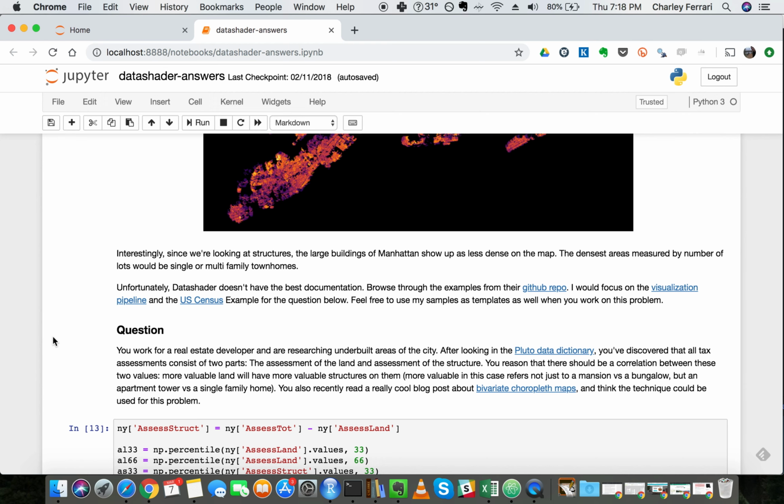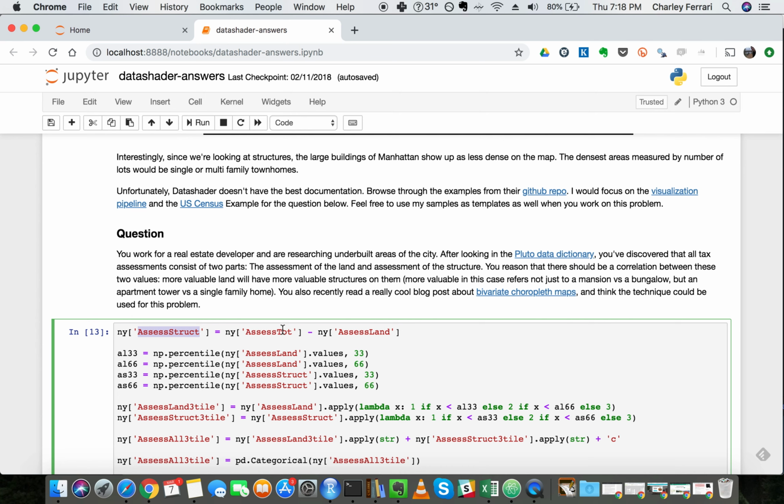And what this is looking at is the city as a whole, and we have these separate measures of land value versus structure value. I believe we have assessed total and assessed land, and with that we could get the assessed structural value just by subtracting them.